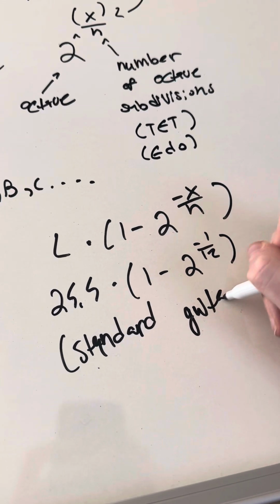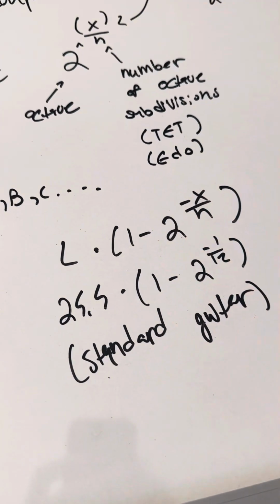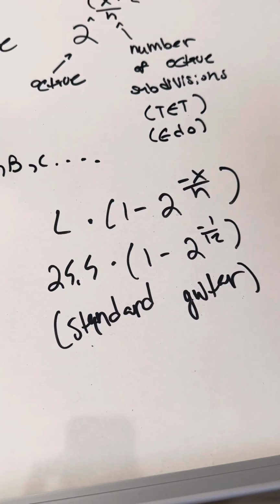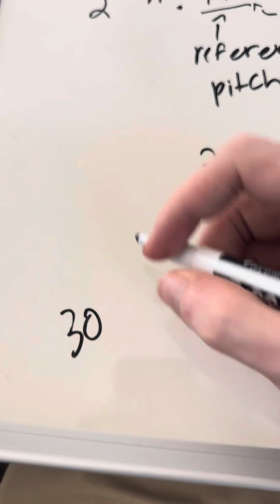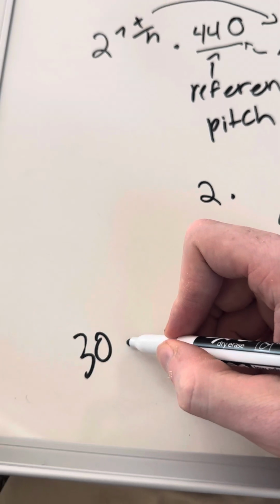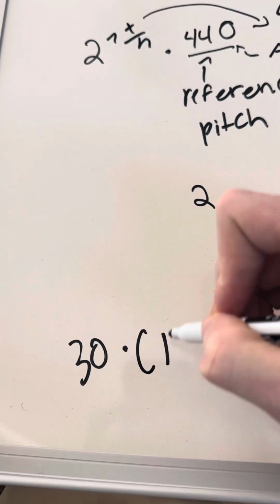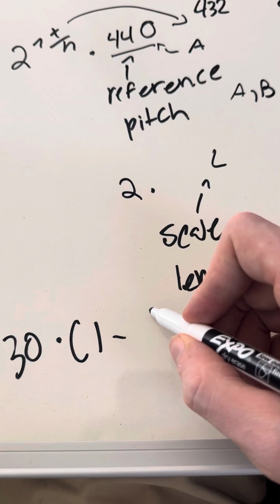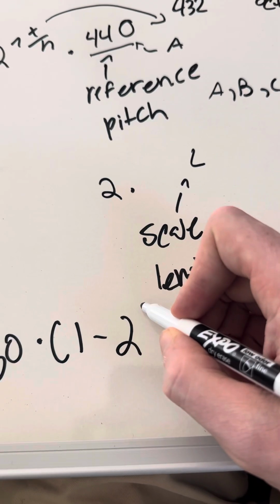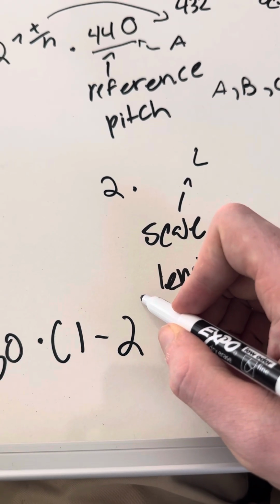Now, why are all these even particularly helpful? Well, say you want to rock, you know, a 30-inch scale guitar, but you want to have, let's say, 22 frets.